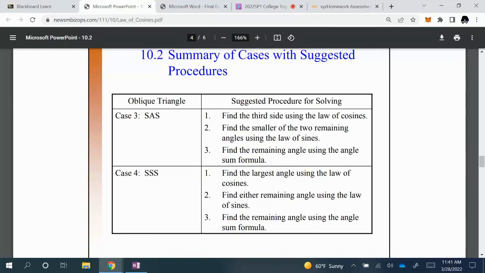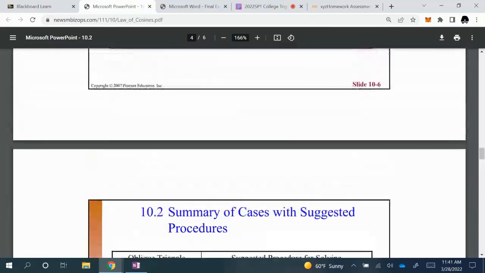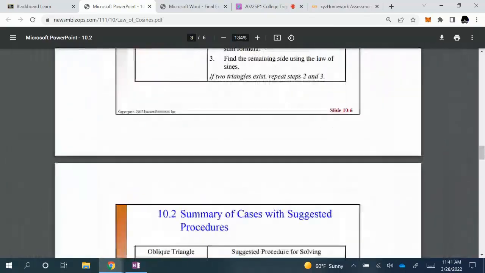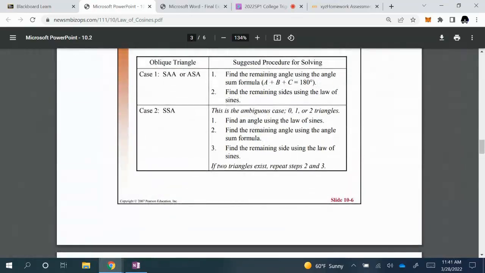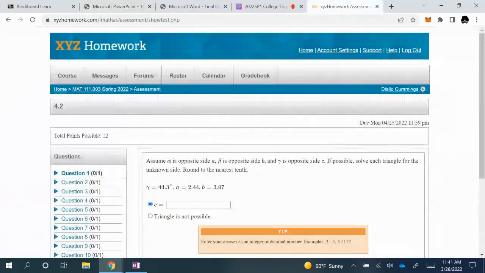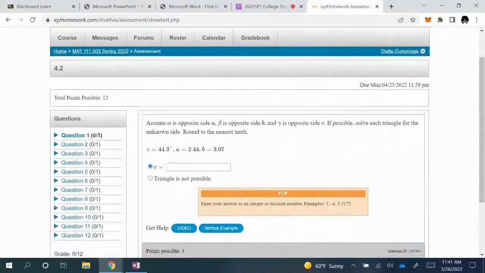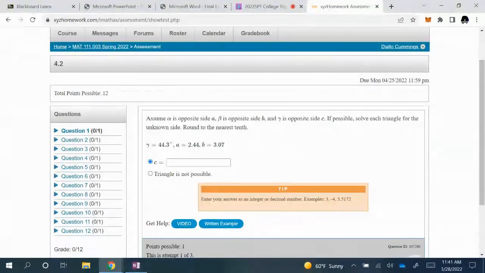All right. So I wanted to go through the suggested procedures just in case you come across an example or you're trying to solve a right triangle and they don't guide you into what to find first, what to find second, or what to find last. All right, so now I'm going to go back to XYZ and we're going to take a look at number 1.